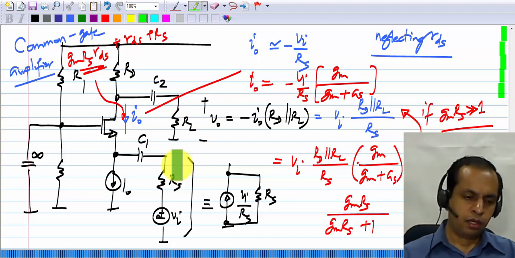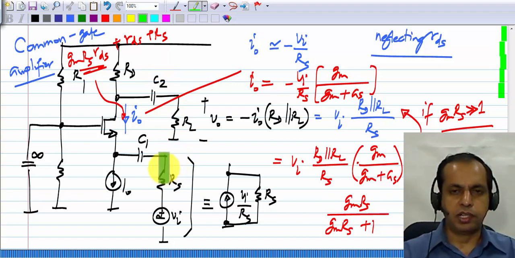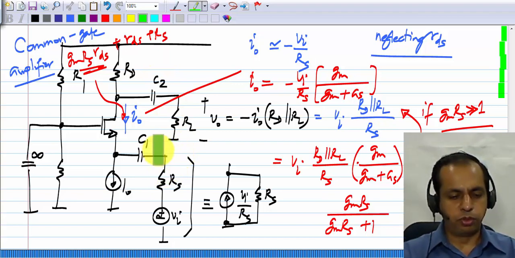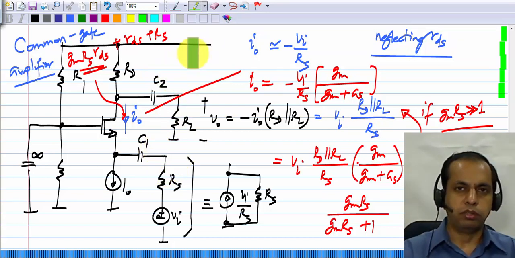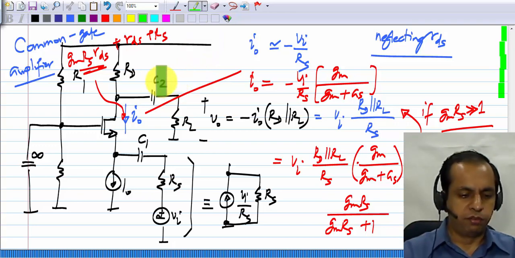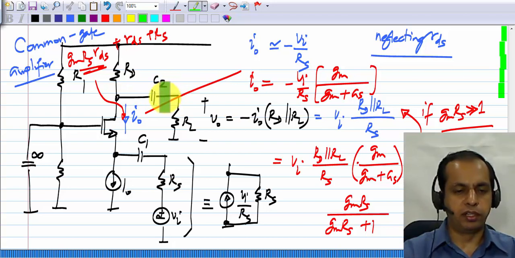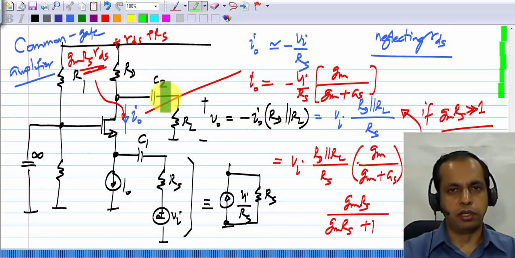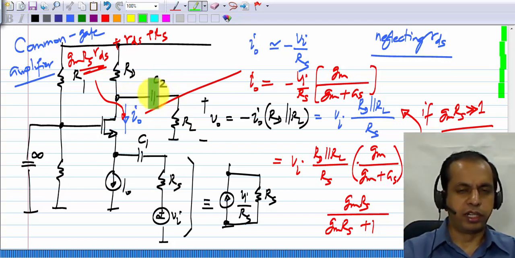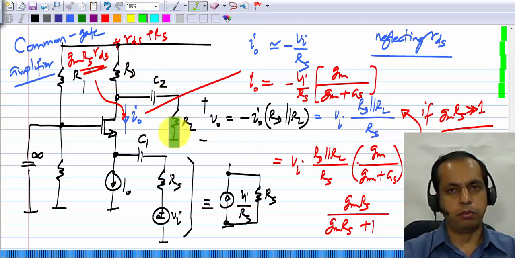Okay. Now, as far as capacitance values are concerned, we've already calculated these things, so I'm not going to go through that. The value of C2, we have calculated it so many times. If you want C2 to be like a short circuit so that the output voltage is the same as replacing C2 by a short circuit, then the reactance of C2 must be much smaller than Rd plus RL.